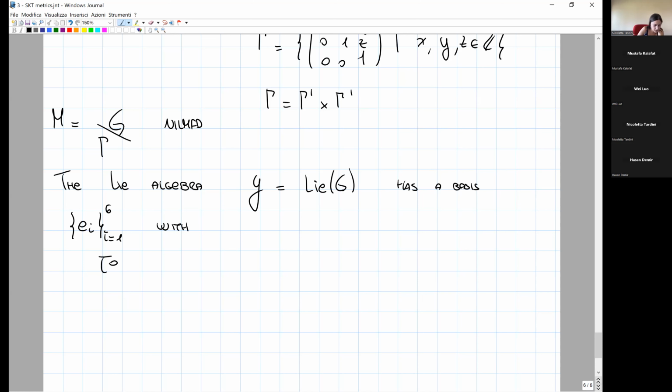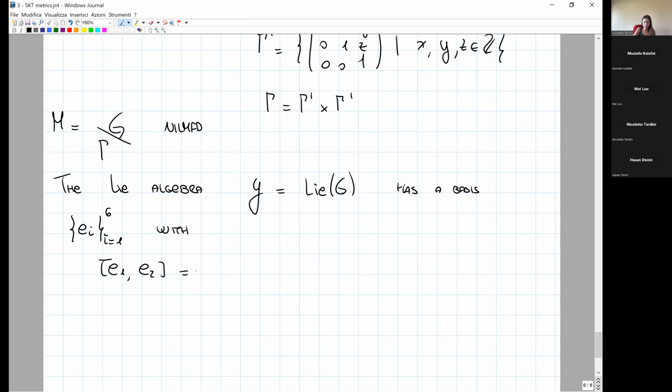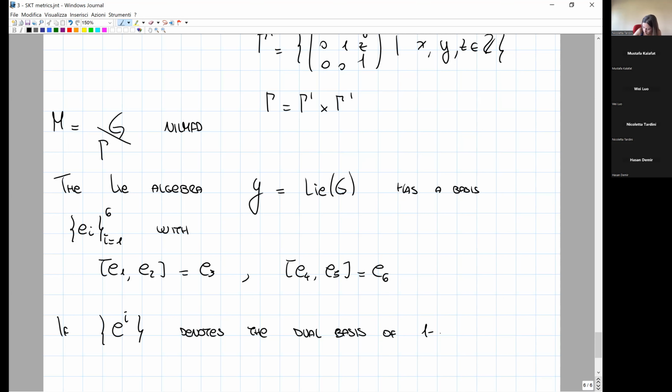So the commutation relations are given by the two commutation relations that we have on the Heisenberg group. And you can check that we have [e1, e2] equal to e3 in the first Heisenberg group, and [e4, e5] in the second. So if e^i, with upper index i, denotes the dual basis of one-forms.